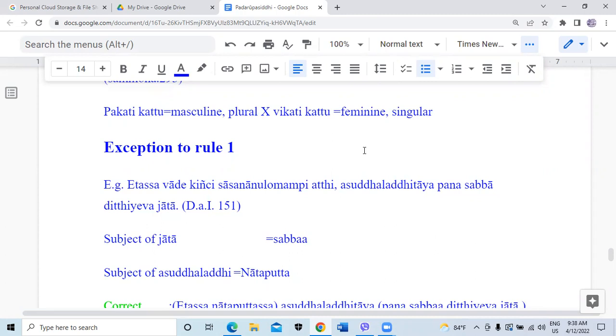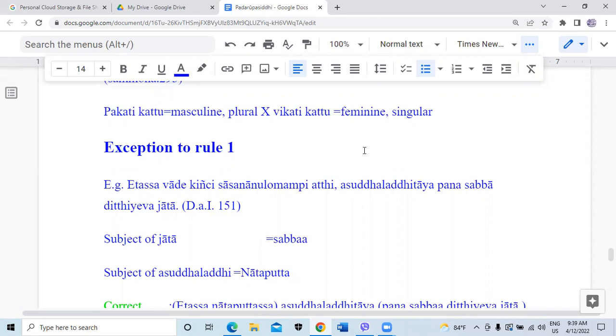But what I mean is that if we use that reason instead of this reason, then it's not an exception of rule 1, because it refers to sabbā. You see? The reason doesn't refer to the Nathaputta.